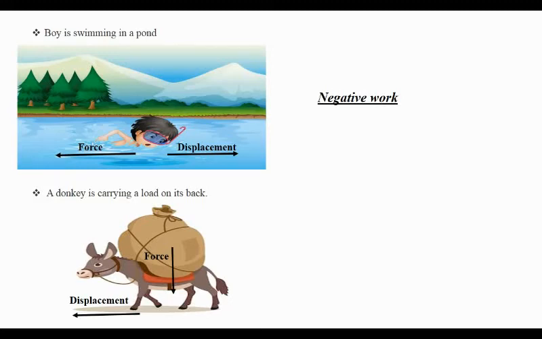In that case, the displacement and the force are perpendicular to each other, which means the angle between them is 90 degrees. When the angle between displacement and force is 90 degrees, the work done in that case is 0. Here the work of that system is 0.